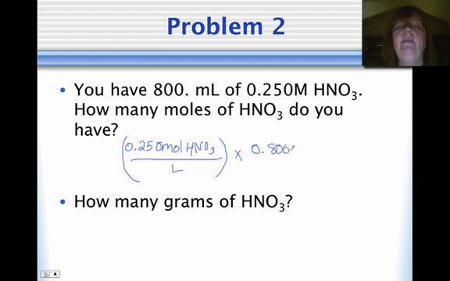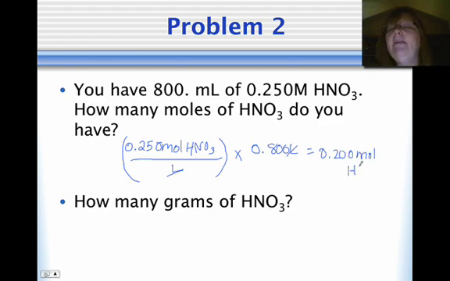Just move that decimal 3 to the left. So molarity times volume in liters gives you moles. So 0.25 times 0.8 is going to give us 0.2 moles of nitric acid.